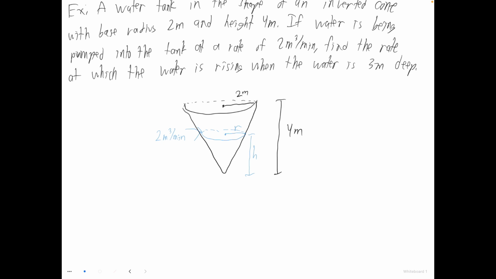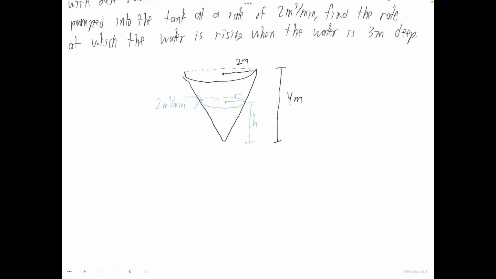Okay, and so we're going to use the standard notation of r for the radius, h for the height, and v for volume. That's just the standard notation when you're dealing with volumes. That was step 2, so we're going to do steps 3 and 4 now.